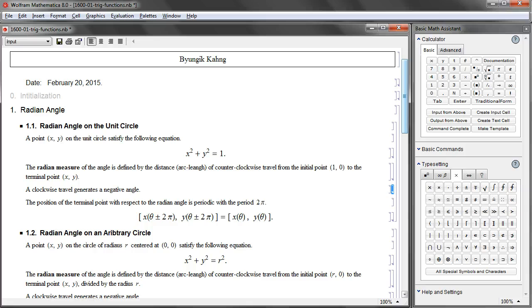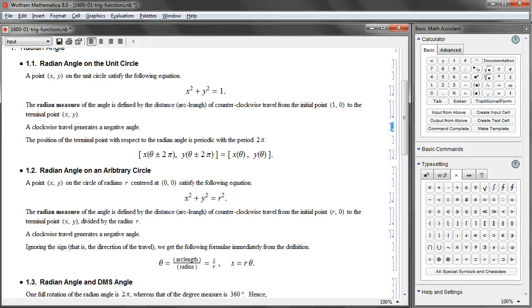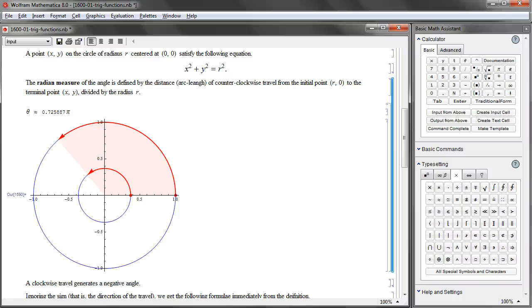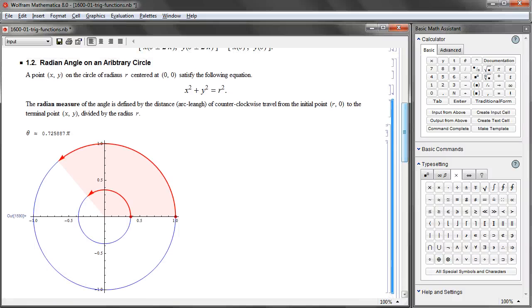Now, what if we have a circle with arbitrary radius? If the radius is not 1, what do we do? We have a situation like this, and we have two different radii here. Of course, we could consider even more circles, 3 different or 4 different, but the end result is the same.